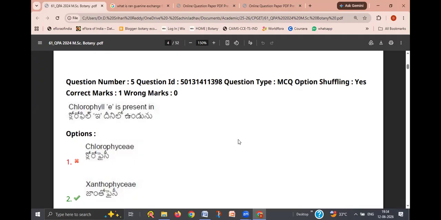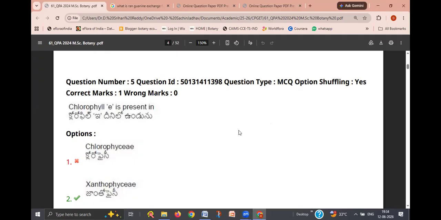N4 is constant. And you should remember there are four pyrrole rings present in the chlorophyll structure. They are connected by a single metal ion, that is magnesium, Mg+2. So what is the metal ion present in chlorophyll? It is also a most important question.